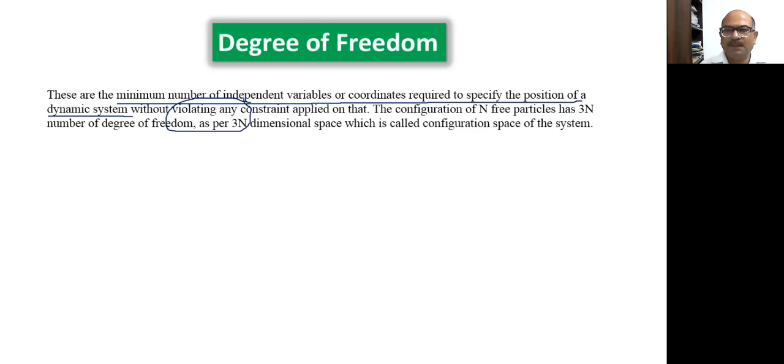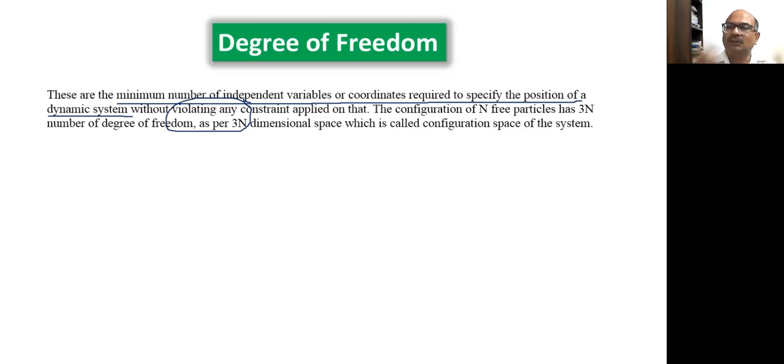The configuration of n free particles has 3n degrees of freedom as per their 3n dimensional space, because if one particle is available, there are 3 directions available, so there will be a 3 dimensional space available to that.